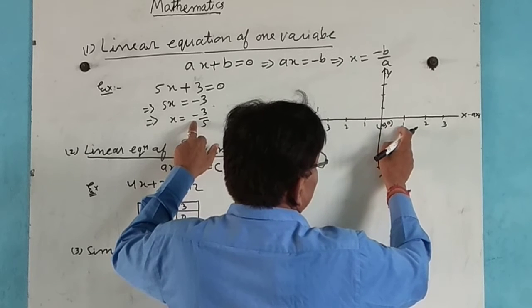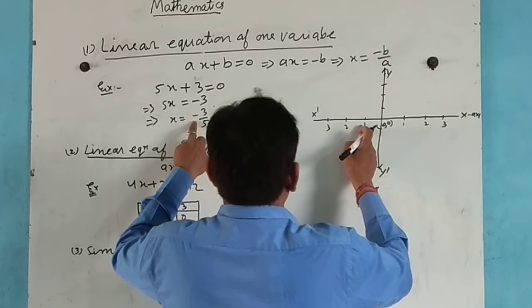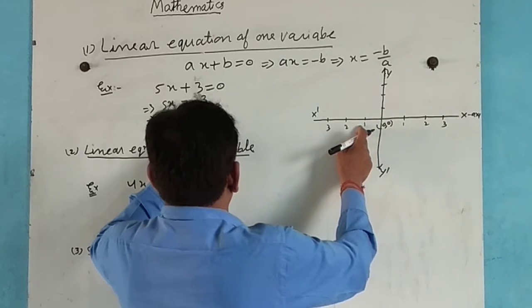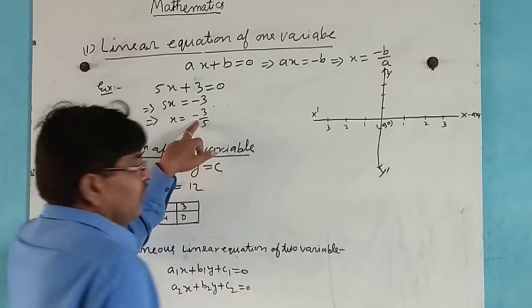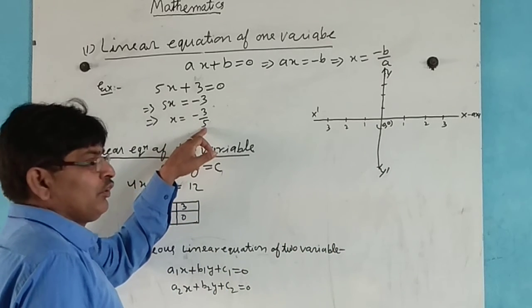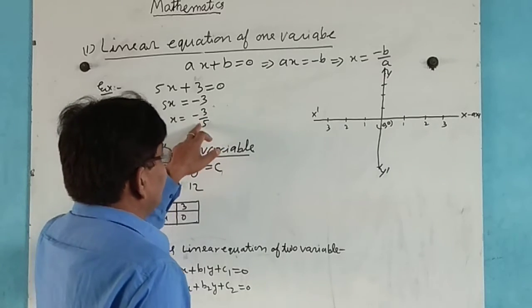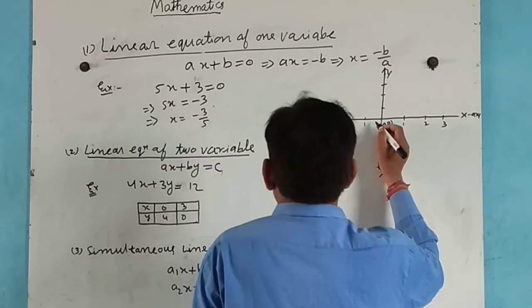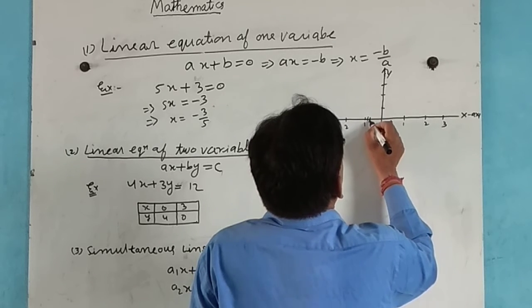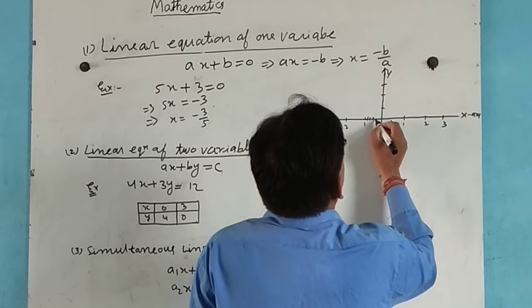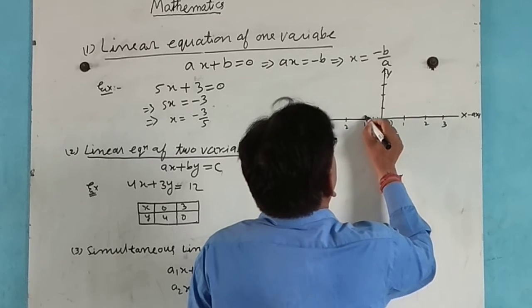Here x equal to 1, x is equal to 2, here x is equal to 1, but minus 1. Here 3 by 5 means that any object divided into 5 parts and we take 3 parts is known as 3 by 5. This distance is divided into 5 parts, 1, 2, 3, 4, 5.